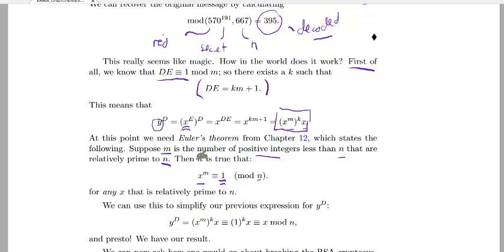So that means that this x to the m, if I'm talking mod n, I can replace with 1. So I have 1 to the k times x. That means that my y to the d is actually congruent to x mod n. Okay, so that shows how when I do all these operations and I send y and I take y to the d power, take it mod n, I'll return with my original message.